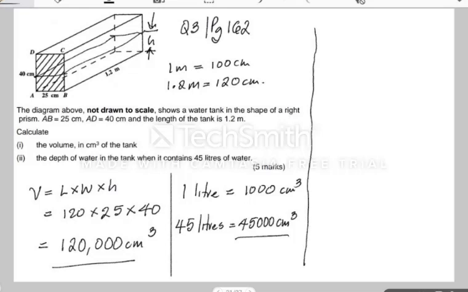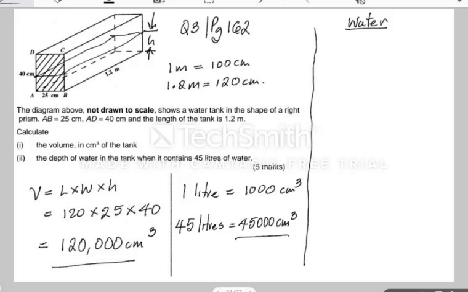So we're looking entirely at the water now. And if you might remember, we said that a liquid takes the shape of its container. So the container here is a cuboid. Therefore, the water in the tank is also a cuboid.